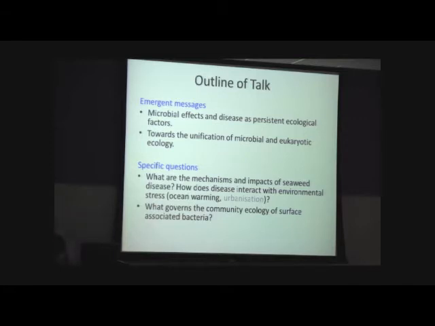From the talks that have happened already today, perhaps that's not news to this crowd, but I think that in general, aside from the recognition that there are occasional catastrophes that seem to be driven by pathogens, I don't think we yet treat disease and microbial impacts in the same way that we treat other ecological factors.